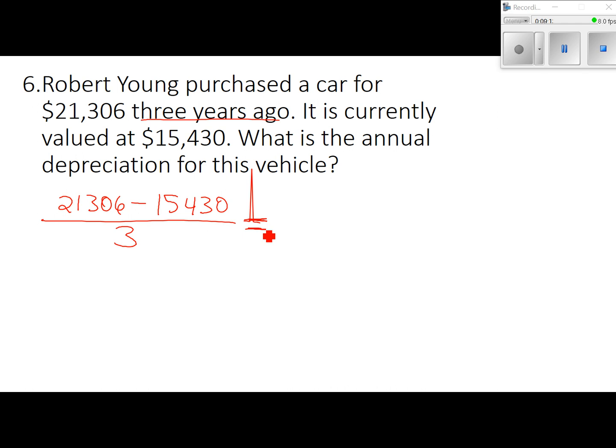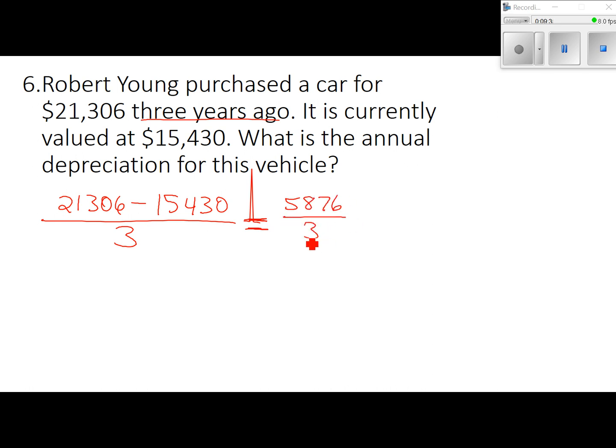If I grab my calculator and punch in 21,306 minus 15,430, hit equals. Make sure you hit equals first, because you've got to let the calculator know to do that top part first.